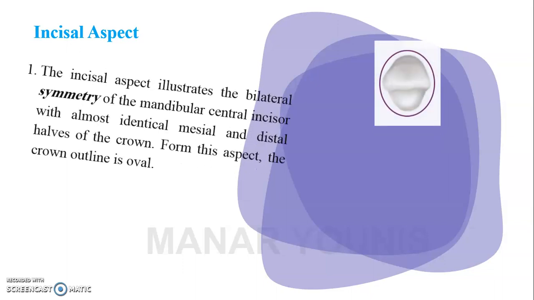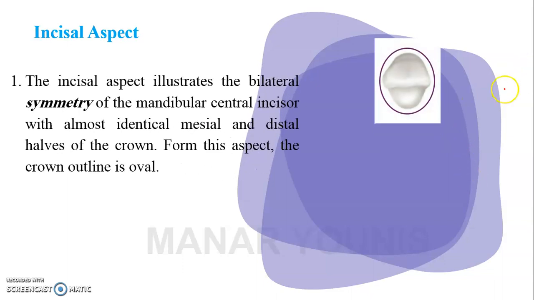Moving to the incisal aspect of the mandibular central, usually the outline of the crown is symmetrical, oval or diamond shape. The symmetry of the crown is very much illustrated in this aspect. So we have identical mesial and distal halves of the crown.